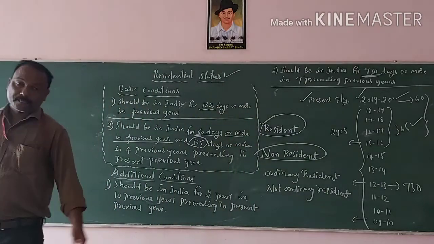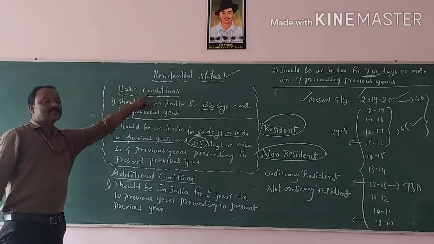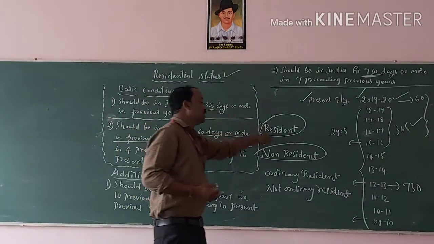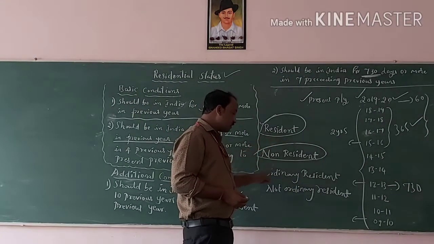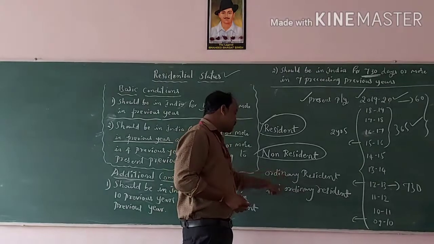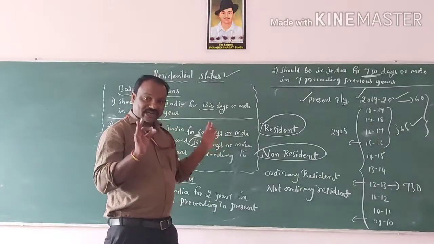See, first of all, if a person fulfills any one of the basic conditions or both basic conditions, he becomes a resident. If he becomes a resident, now we need to ascertain whether he is an ordinary resident or not. For this, we have to apply both additional conditions that I have explained right now.